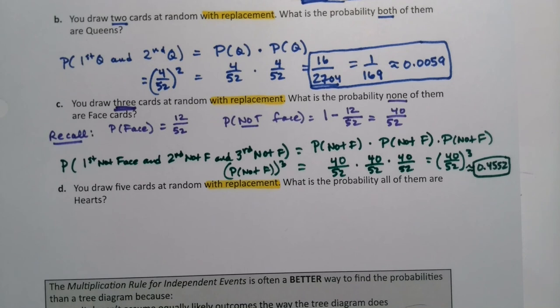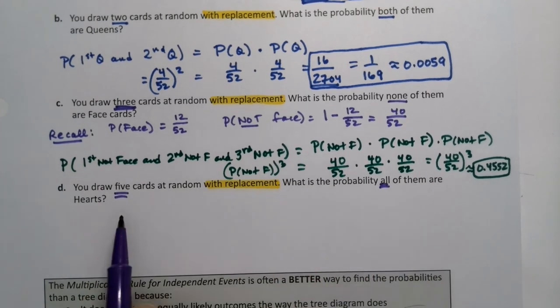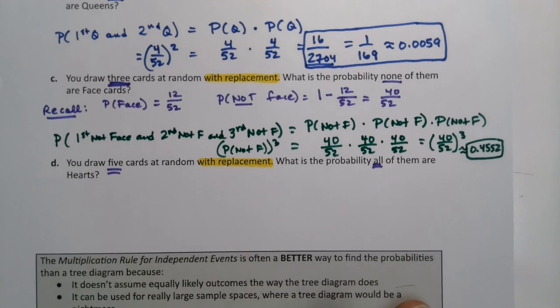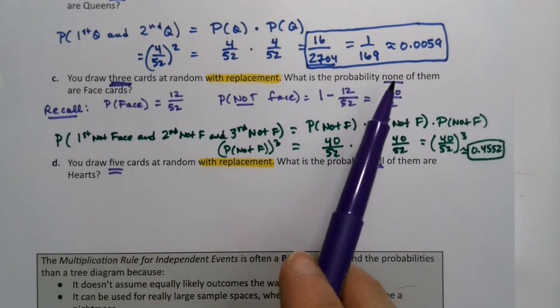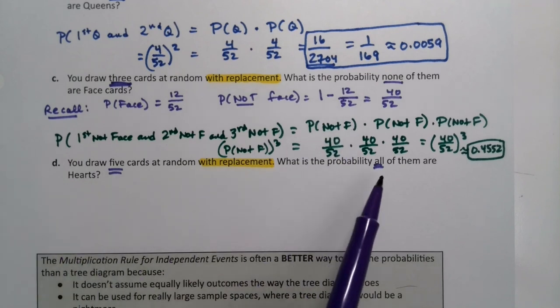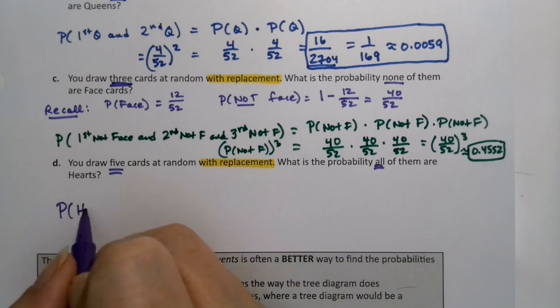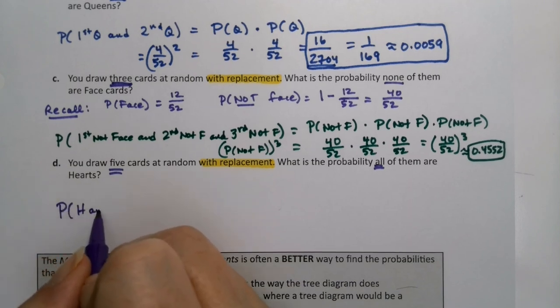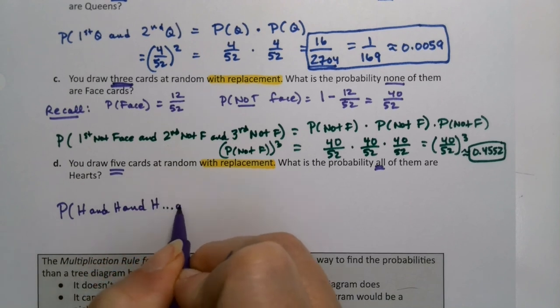All right, what if I draw 5 cards at random? What is the probability that all of them are hearts? Oh, that's an easier question, actually. C is the hardest one because C has the negative in it, right? The negative voice means you're going to have to do the complement. But 5 is just saying all of them are hearts. So I want the probability of a heart and a heart and a heart and a heart, right?